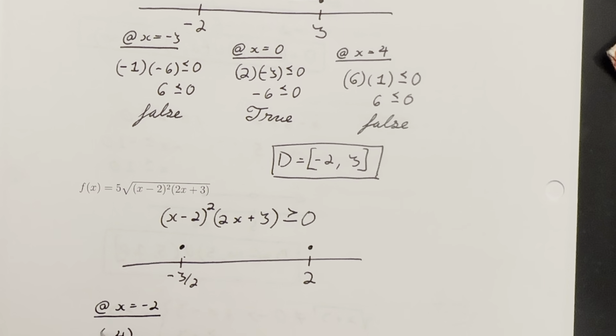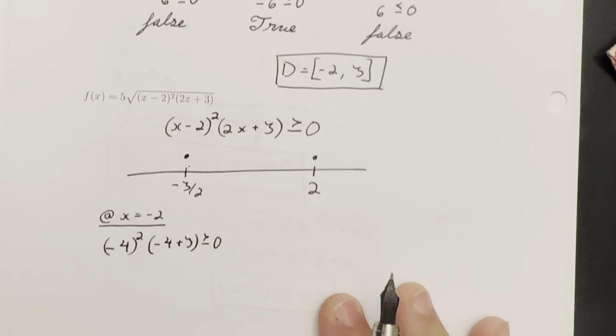that's -4. Okay. Plug -2 into here. And we have -4 plus 3 equal to or greater than 0. We'll find out if that's true.